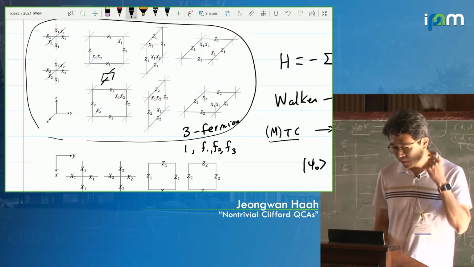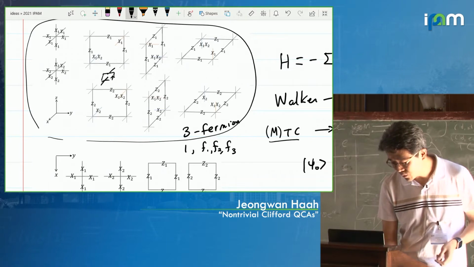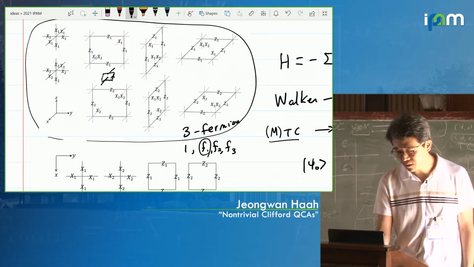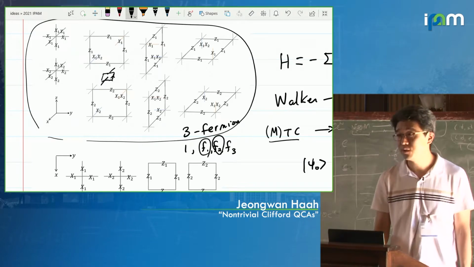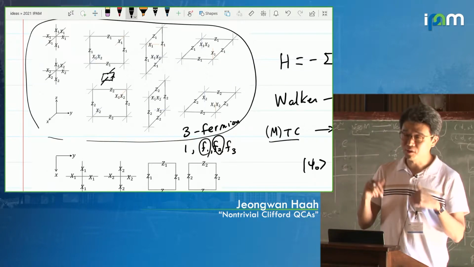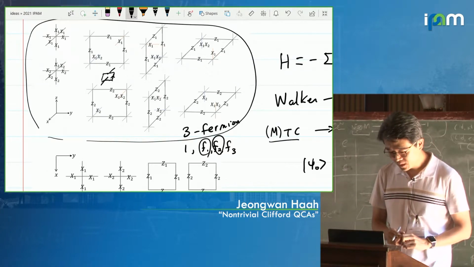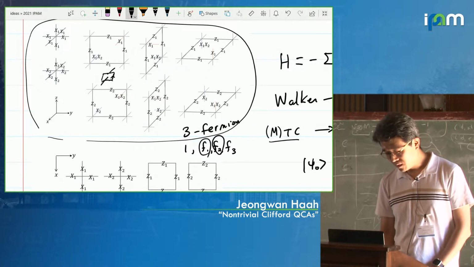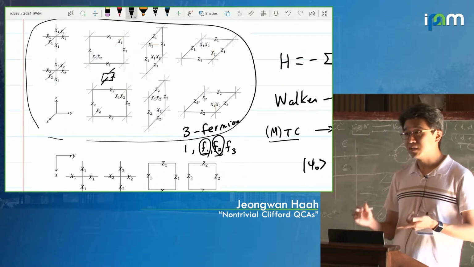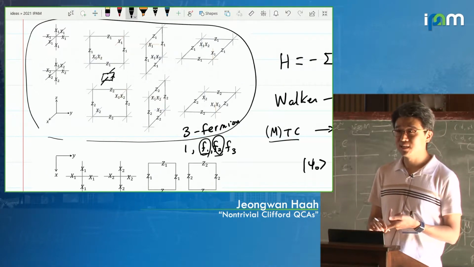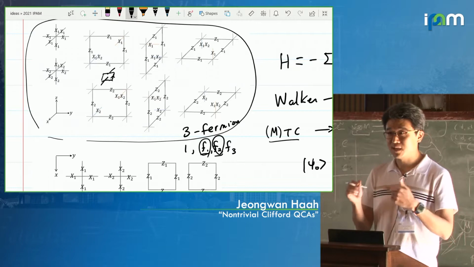And then you think of one lattice edge to be occupied by, say, F1, and the other occupied by F2, if they are in the state 1, or unoccupied if 0. Because of this configuration, the world lines of F1 and F2 are never intersecting. So there's no ambiguity to talk about whether they are linked or not. If they're linked, then you assign -1.